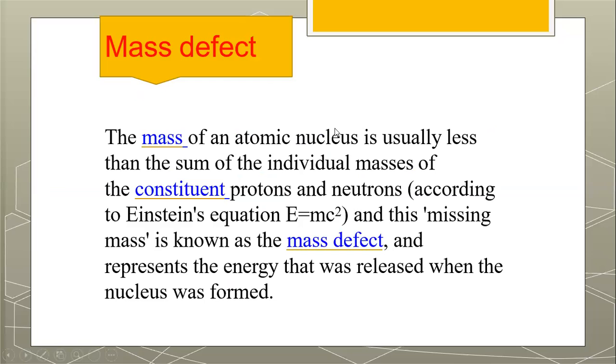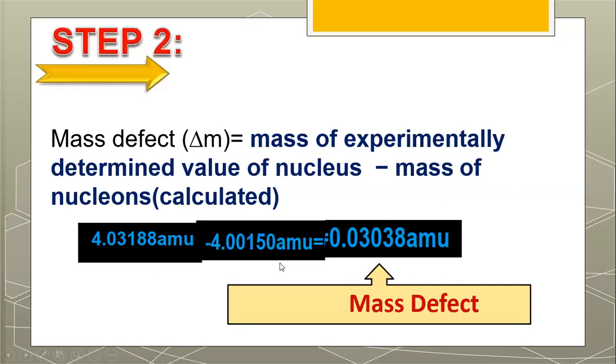It means the calculated value should be greater, while the experimentally determined value is always less than the calculated value. This follows the Einstein equation, E equals mc square, and this missing mass is known as the mass defect, and it represents the energy that was released when the nucleus was formed.